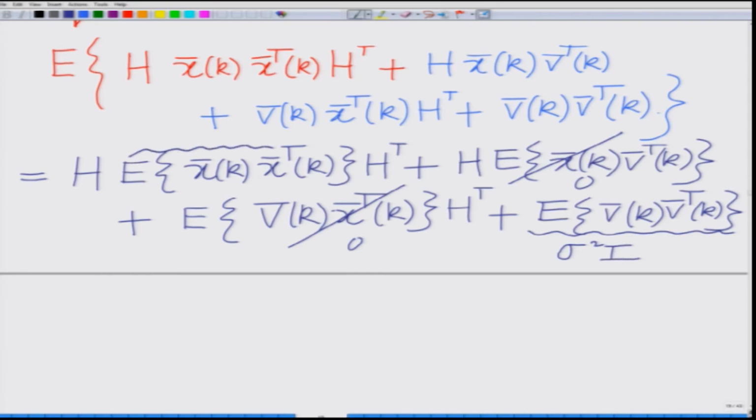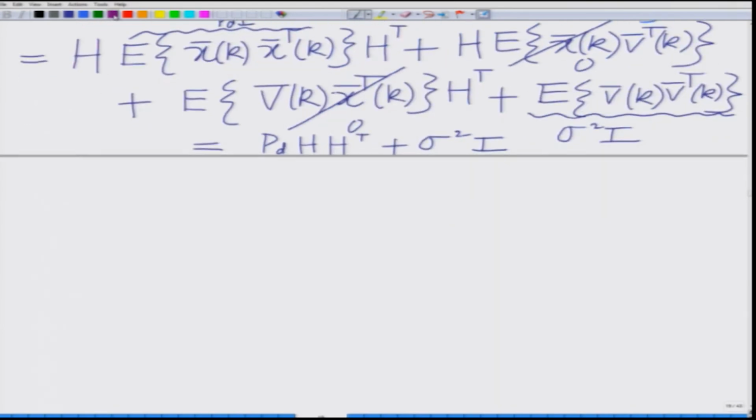So this net matrix becomes P_d H H transpose plus sigma square I. Let me clarify the noise covariance once more, since we have seen this many times before: expected value of v bar k v bar transpose k equals sigma square I.